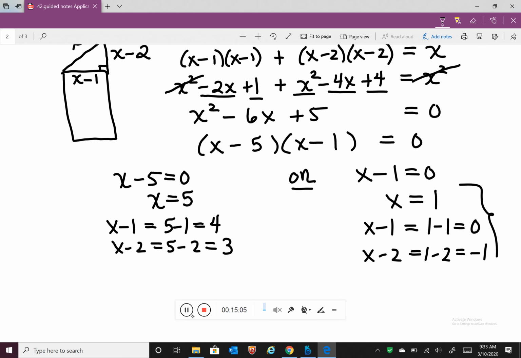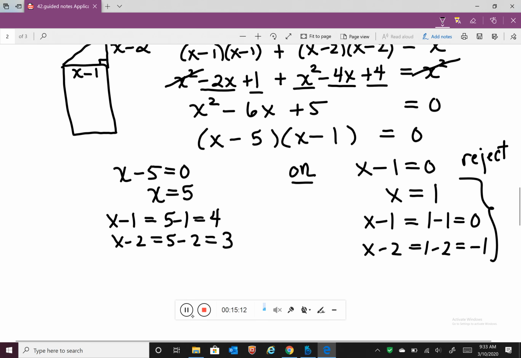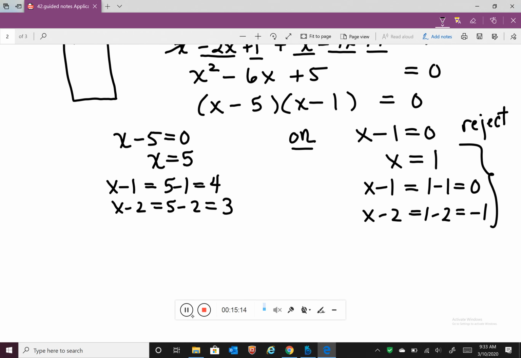So this means we need to reject this solution. And so the lengths of all 3 sides of our triangle are 3 feet by 4 feet with a hypotenuse of 5 feet.